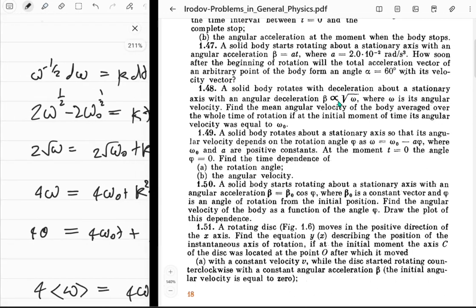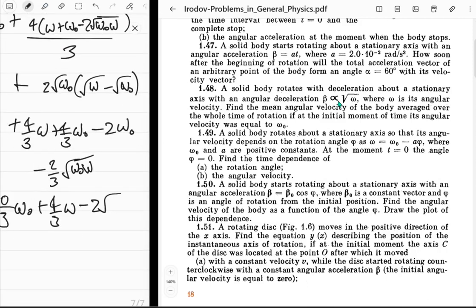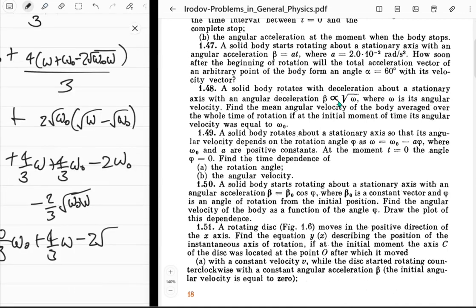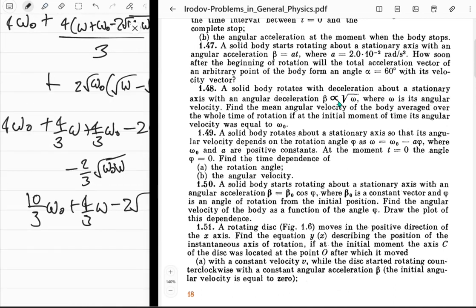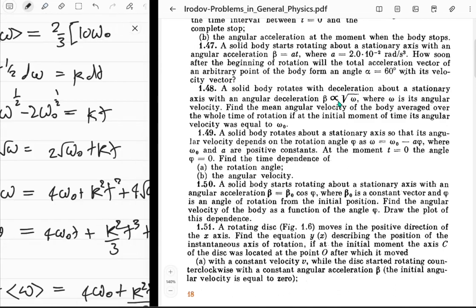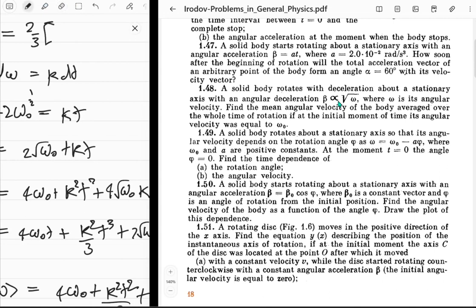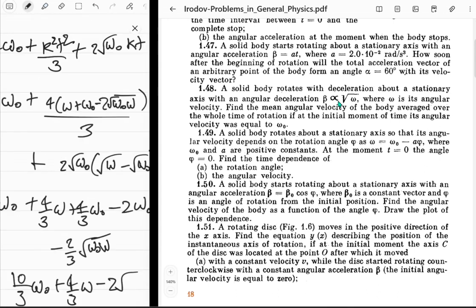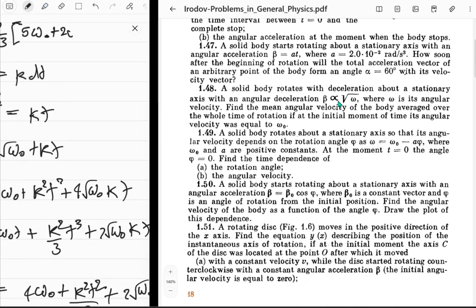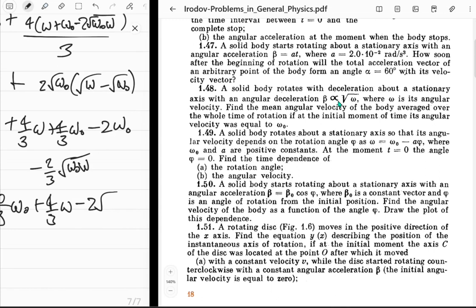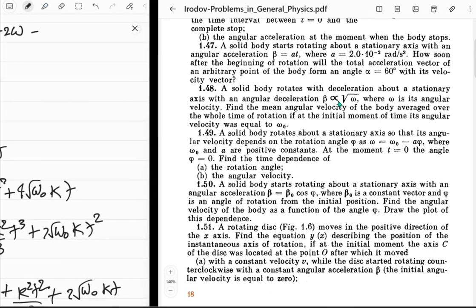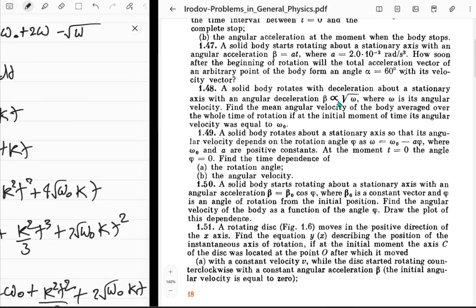So our answer is the average angular velocity, that is this quantity. Sorry, 1/3 of 10 omega naught plus 4 omega... you can actually also take 2 out of it, so it should in fact be 2/3, and now this will be 5 omega naught plus 2 omega, minus square root of omega naught omega.